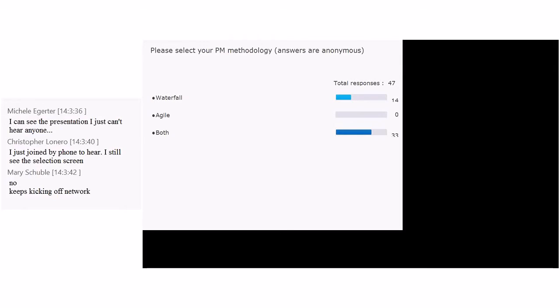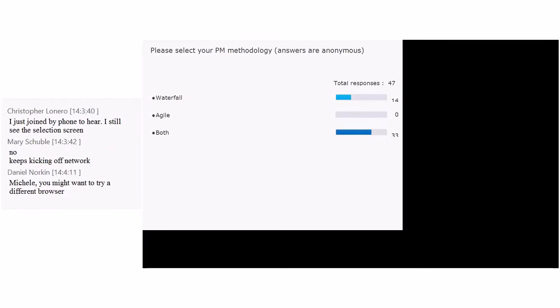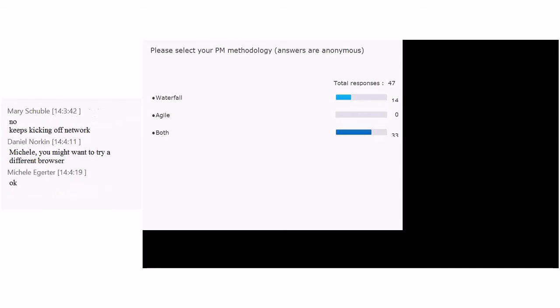Wow. I was expecting at least some pure Agile folks to join, but apparently we're looking at a 30 to 70 ratio between Waterfall and the mix of Waterfall and Agile. So pure Agile, 0%. Wow. That's impressive.